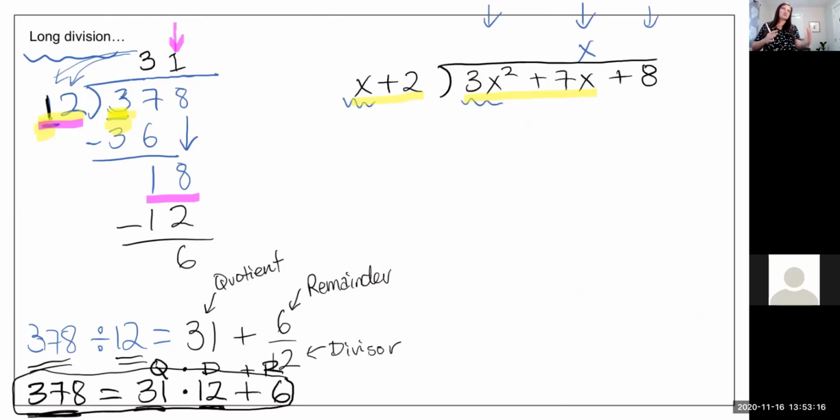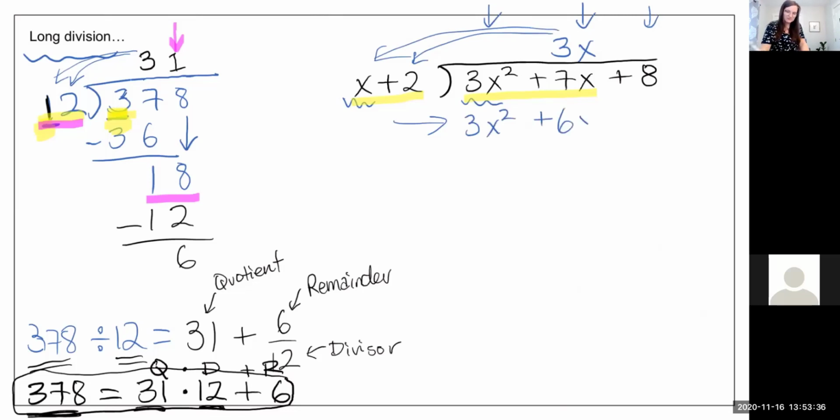You want x squares all in a row, x's in a row, like your place values are all in the same rows. So I want to multiply by 3x because when I multiply this back, that leading term, 3 times 2, 6, is going to cancel. And I want that leading term to cancel. I can't have anything there.